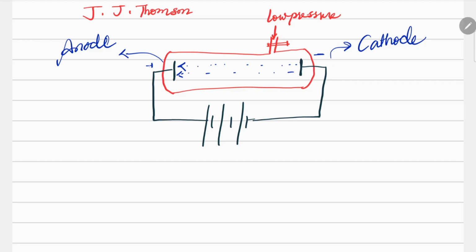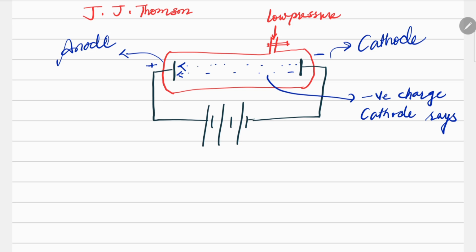Because they are attracted towards positive charge, these rays must have negative charge on them. These are called cathode rays because they originate from the cathode. So this was the cathode ray experiment which J.J. Thomson performed.